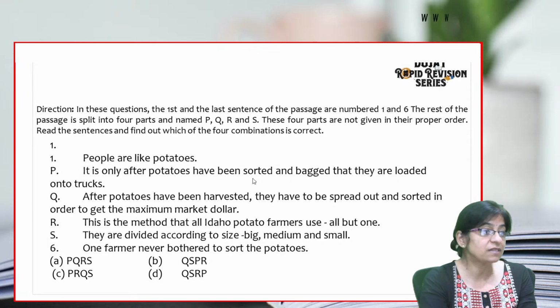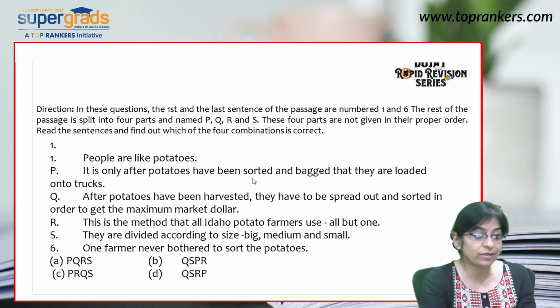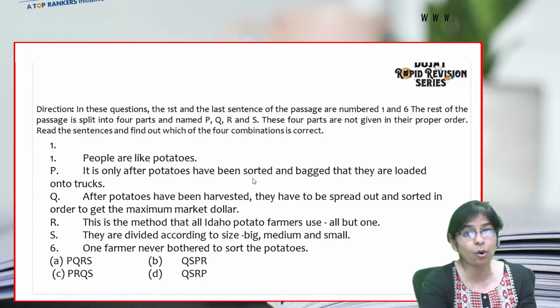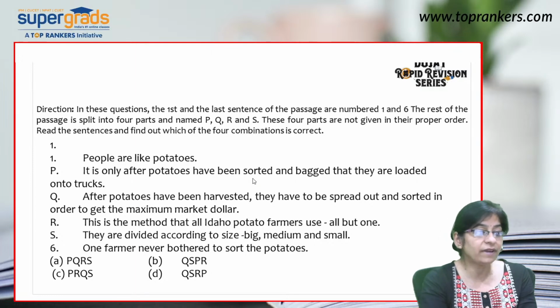Q statement says after potatoes have been harvested, they have to be spread out and sorted in order to get maximum market dollar. Next statement says this is the method that Idaho potato farmers use, all but one. They are divided according to big size, medium, and small. One farmer never bothered to sort the potatoes.